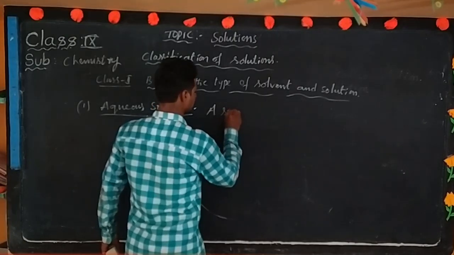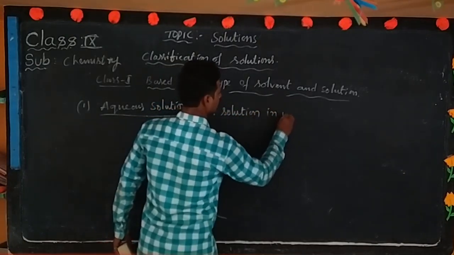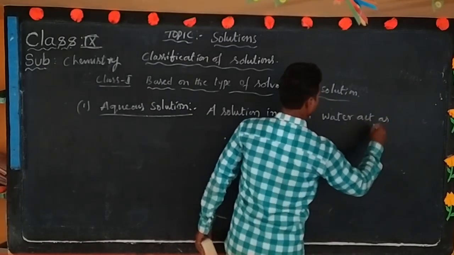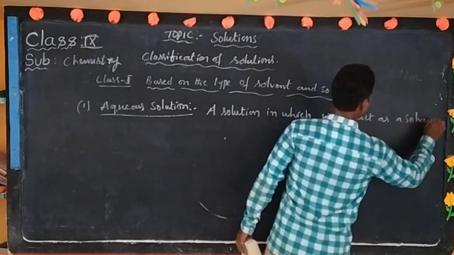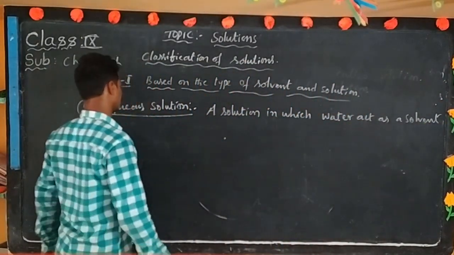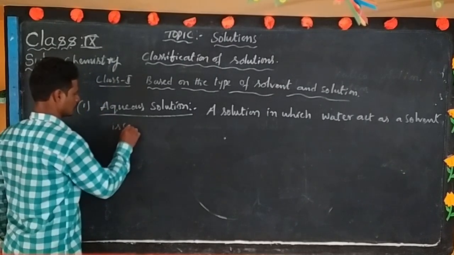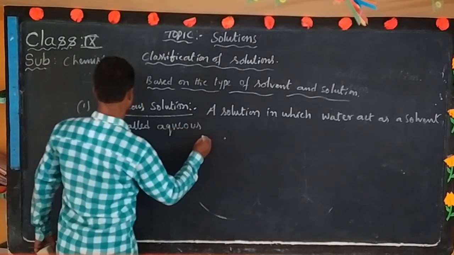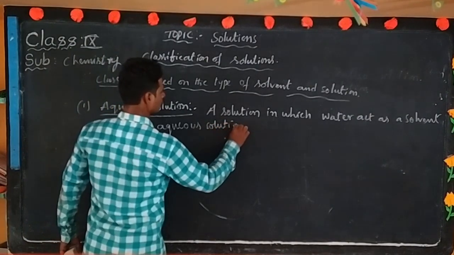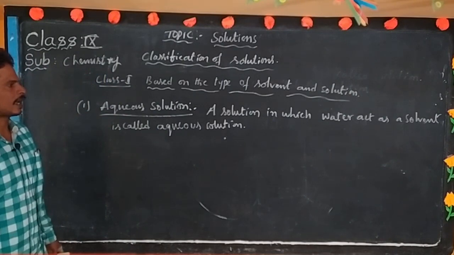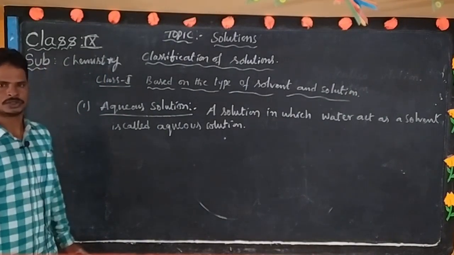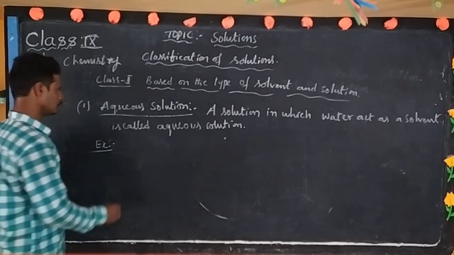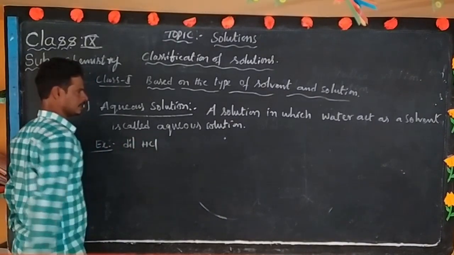A solution in which water acts as a solvent is called an aqueous solution. Example, dilute hydrochloric acid.